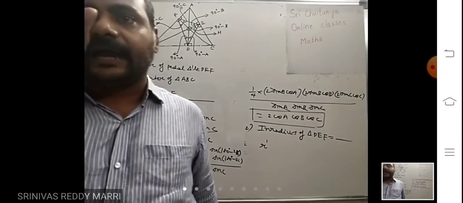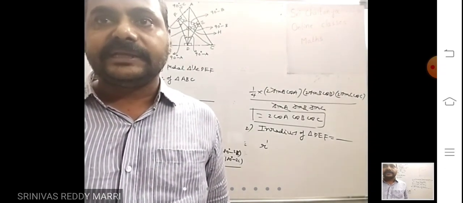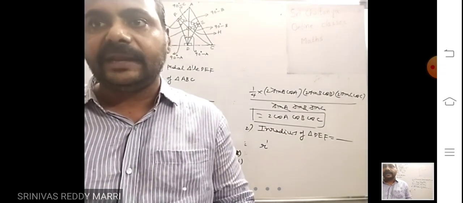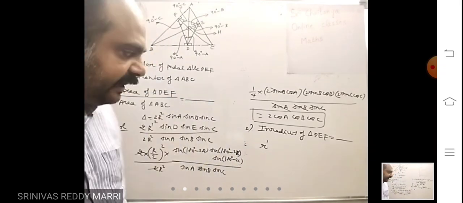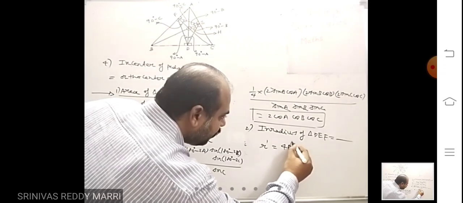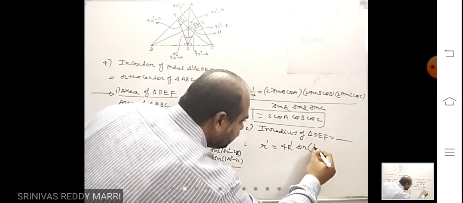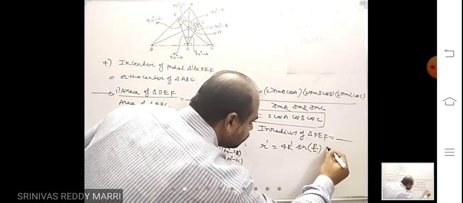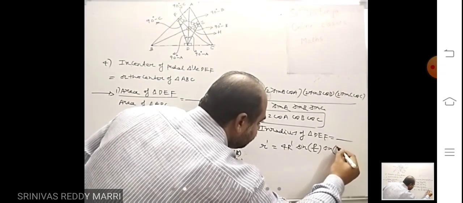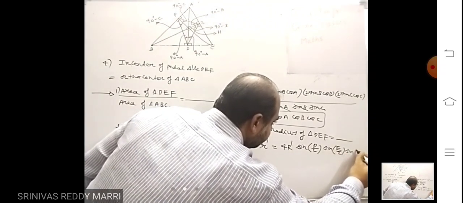You have the formula delta by S and also a formula in terms of angles. What is that? 4R sin A by 2 sin B by 2 sin C by 2. Now I am writing the formula. So r dash is 4R dash sin D by 2, sin E by 2, sin F by 2.